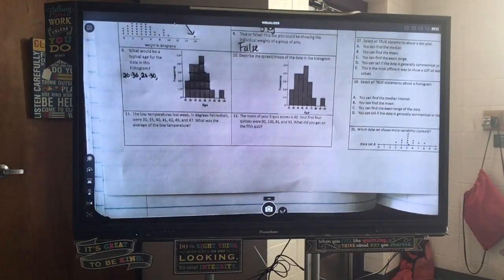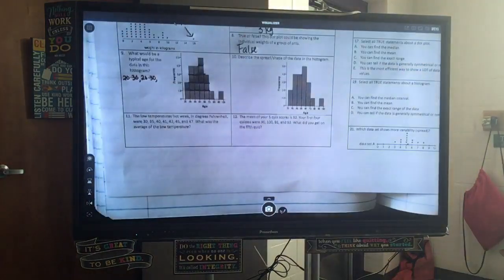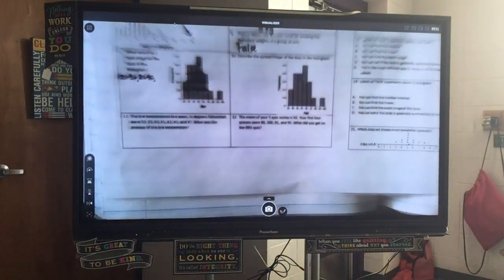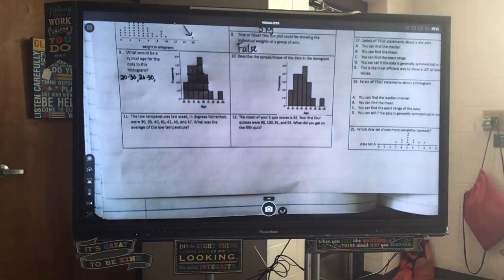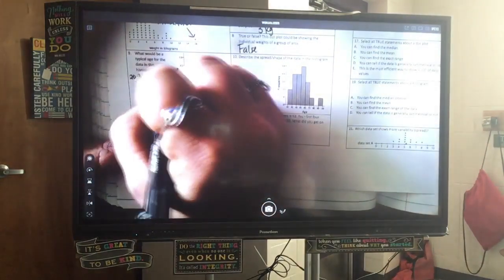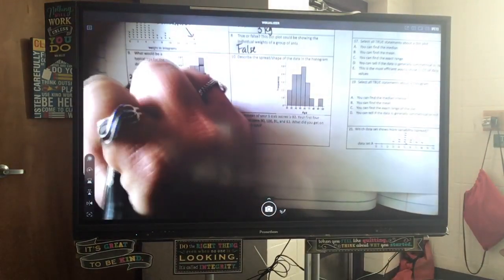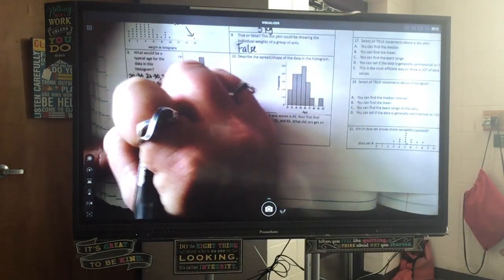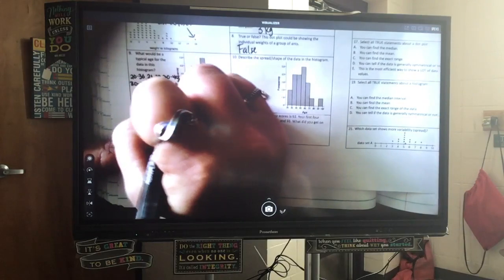Right, because there's technically 2 in this one. Alright, so then for 30 to 40, how many 30 to 40s do you have? Raheem? 4. So then you would do 30 to 40, 30 to 40, 30 to 40, 30 to 40.